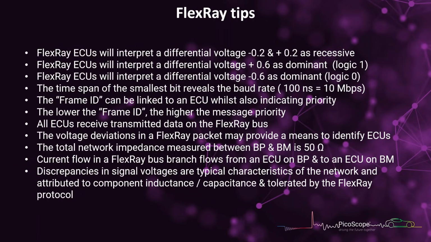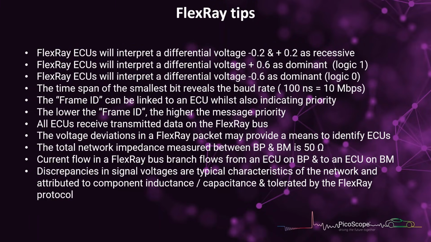Discrepancies in signal voltages are typical characteristics of the network and attributed to component inductance and capacitance, as we mentioned before. FlexRay will tolerate overshoot and ringing. There does come a point where if that gets excessive, it will start throwing errors.